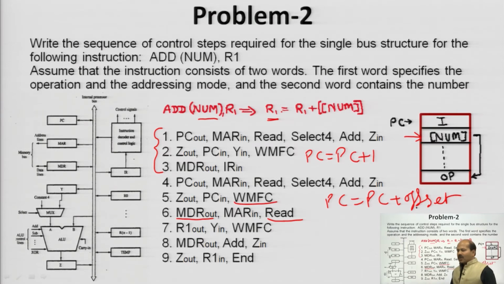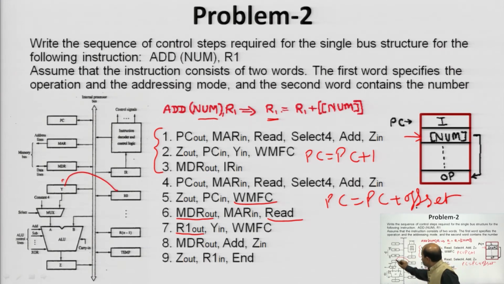And in parallel to that, once the read signal is issued, the memory function operation or memory fetch operation is going on, and in parallel we can transfer the second operand, that is R1 in this case, to this Y register.